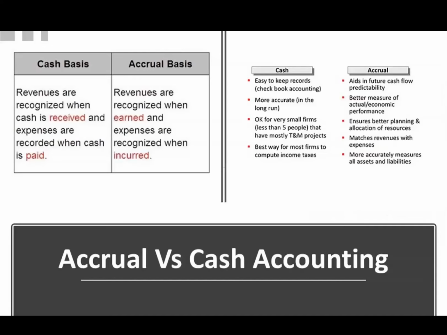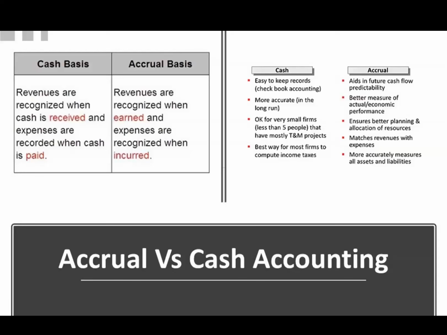Now, when we talk about revenue and revenue recognition, an important aspect of that is understanding the concept of cash accounting versus accrual accounting. We tend to think in terms of cash accounting naturally because cash accounting has all got to do with whether or not there's any money in our checking account.